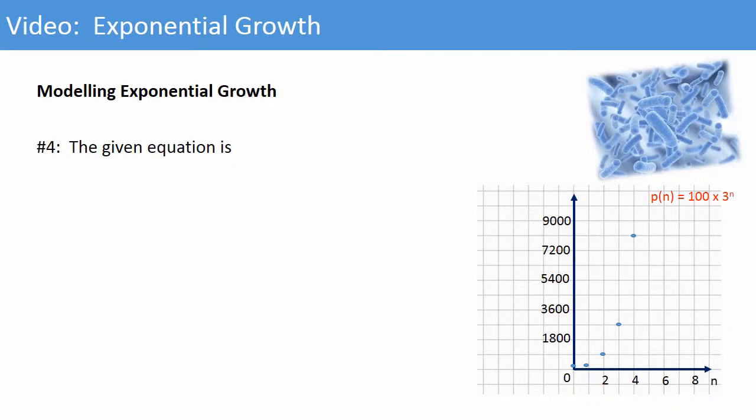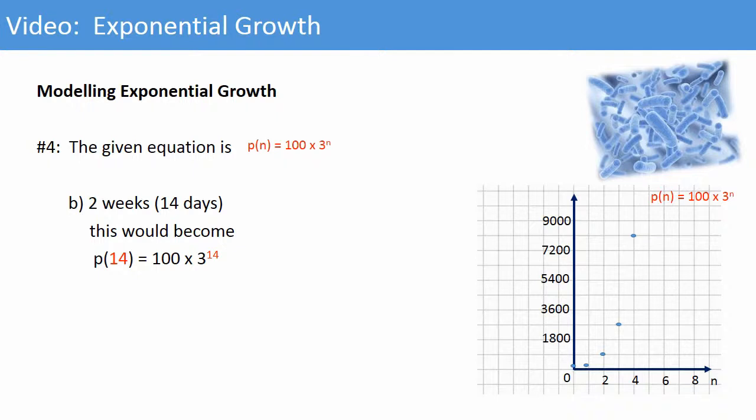The given equation is P(n) equals 100 times 3 to the exponent n, and we want to find the value now for 2 weeks, which is 14 days. This would become P(14) equals 100 times 3 to the exponent 14.